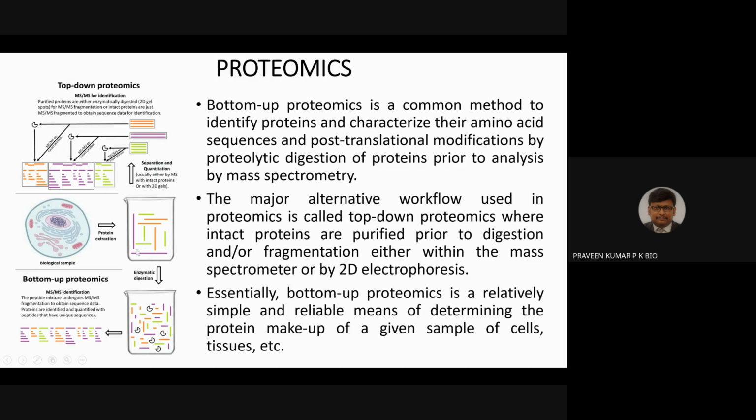Whereas if you take the cell, and after protein extraction you go for enzymatic digestion, and after the digestion you start sequencing, then this is the bottom-up proteomics approach. Two types of approach are there, top-down and bottom-up.